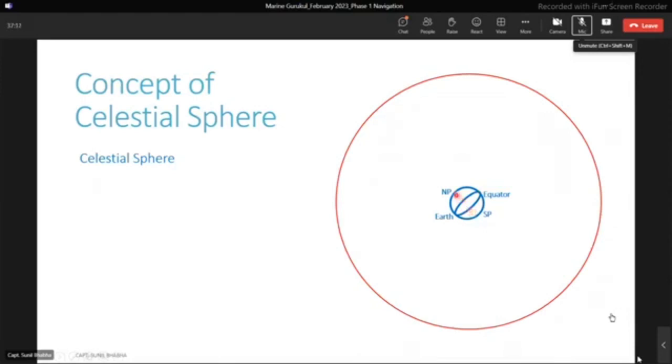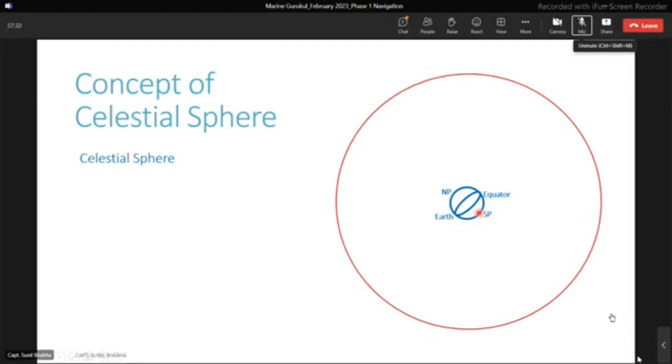Meridians are semi-great circles passing through the poles, the North Pole and the South Pole. We have the Greenwich meridian as our reference meridian, and the meridians running 180 degrees east and west of it. They give us a reference to find the longitude of a particular position.